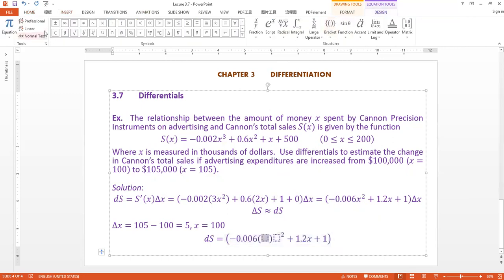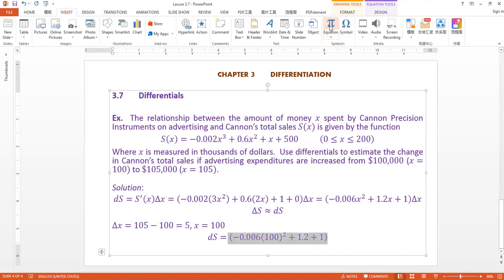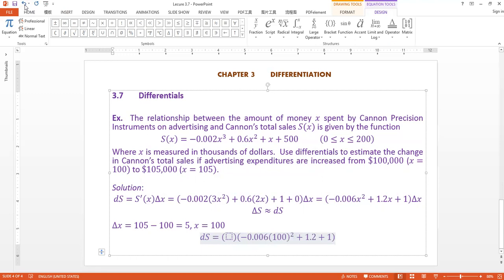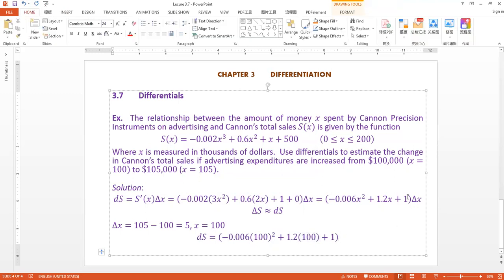Just plug in 100 everywhere in here. Okay, so that's x, and then delta x is just 5.